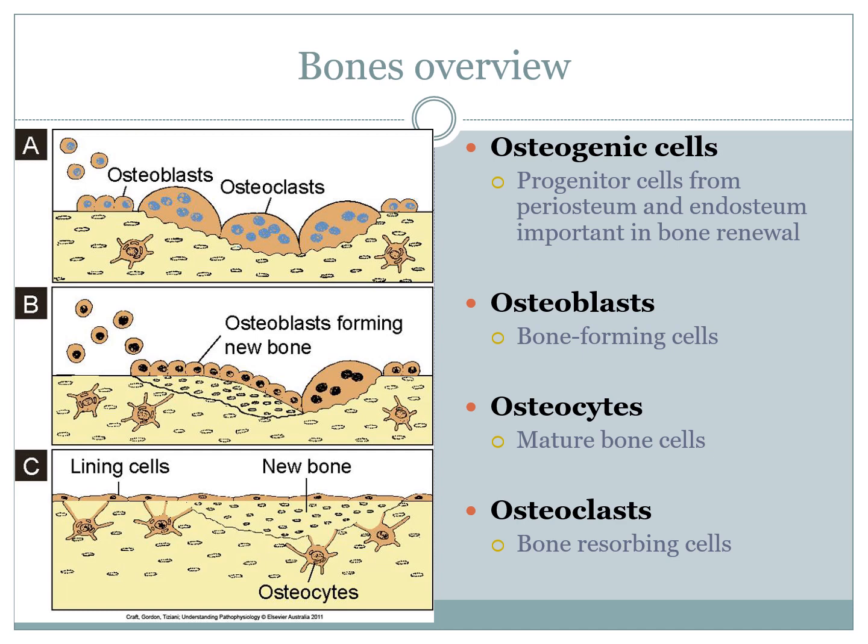Now if we take a closer look at the type of cells that we find in bones, we have the osteogenic cells, which are progenitor cells, and they form the periosteum and the endosteum. They're very important for renewing or rebuilding the bones. Then you have osteoblasts, responsible for bone formation. Osteoclasts are more involved in the resorption of bone, and then you have your osteocytes, which are your mature bone cells themselves.